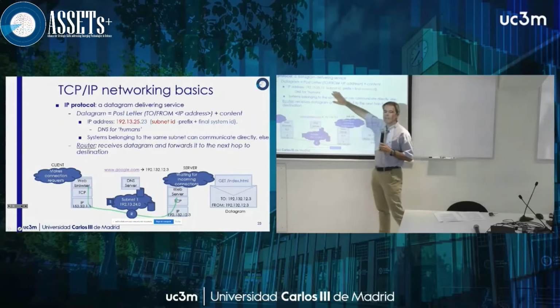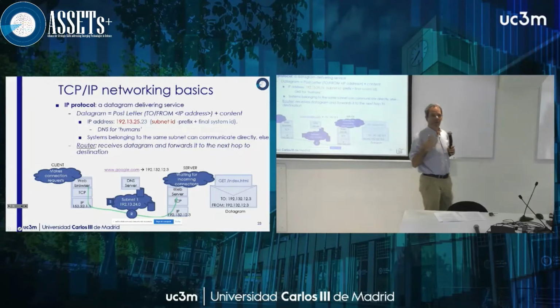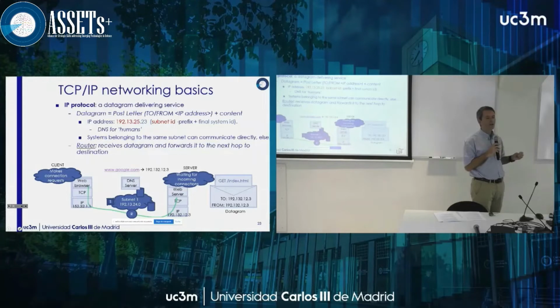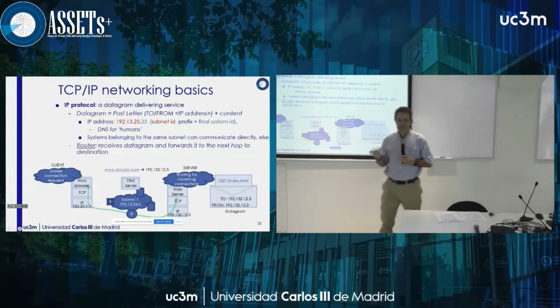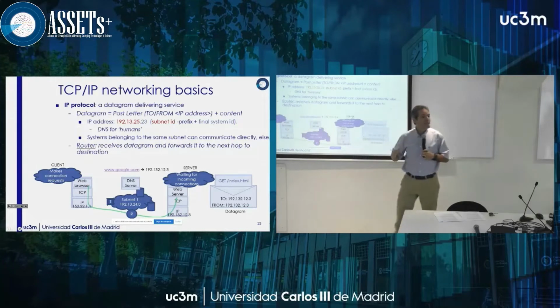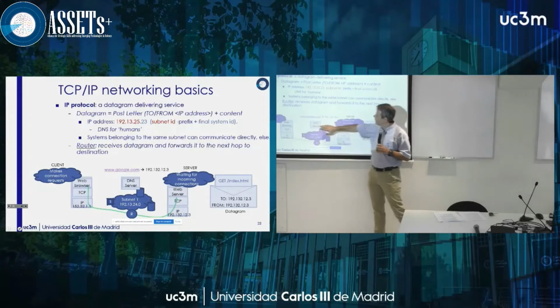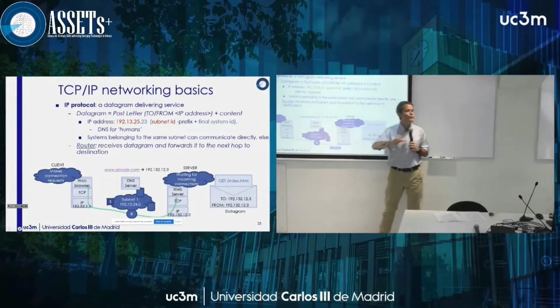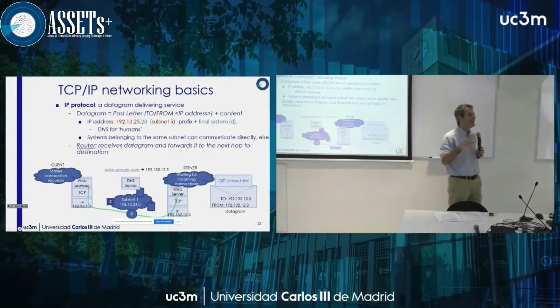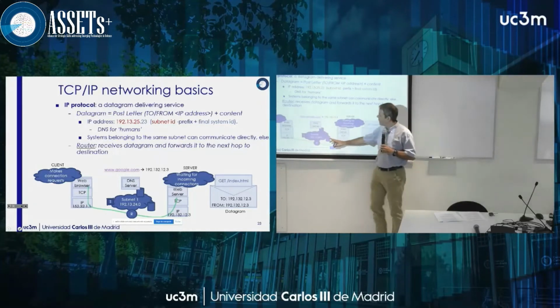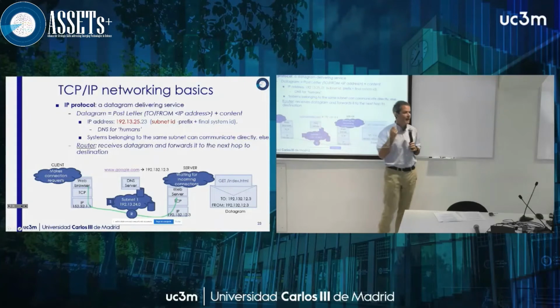Okay, so IP addresses are very complicated for a human to remember. So typically we use some text, that is names, instead of IP addresses. So the internet defines a domain name service that translates the names into IP directions. Every single computer attached to the internet has an IP direction.